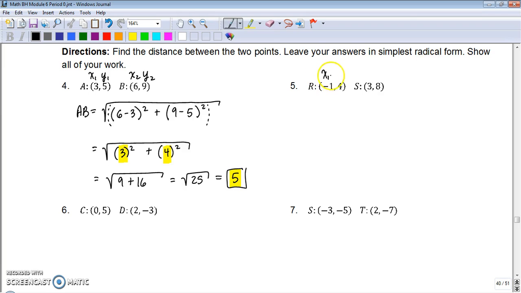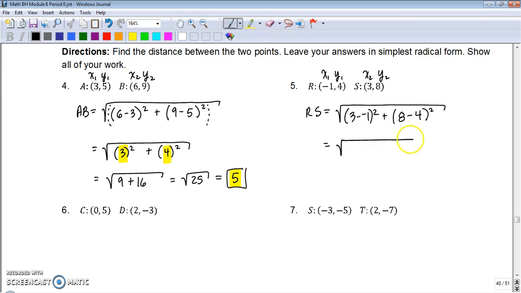Number 5: x sub 1, y sub 1, x sub 2, y sub 2. So RS: 3 minus negative 1 squared plus 8 minus 4 squared. Every line of work I'm copying down this square root, even though it's kind of annoying. 4 squared plus 4 squared, 16 plus 16.